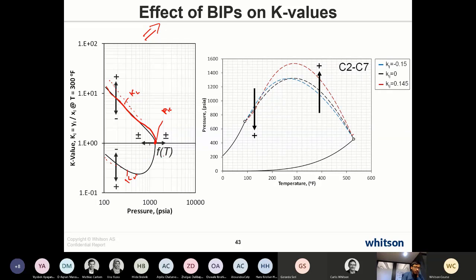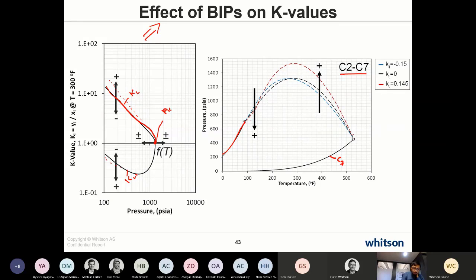And it's mainly a function of temperature, which we actually see on the figure on the right hand side. What you see on the right hand side is again a binary, two-component system, ethane and C7, for example. This is the vapor pressure curve of ethane. This is the vapor pressure curve of C7, with their critical points here.